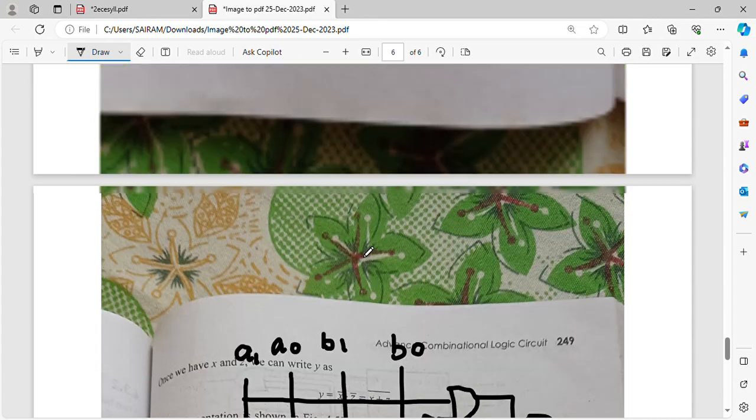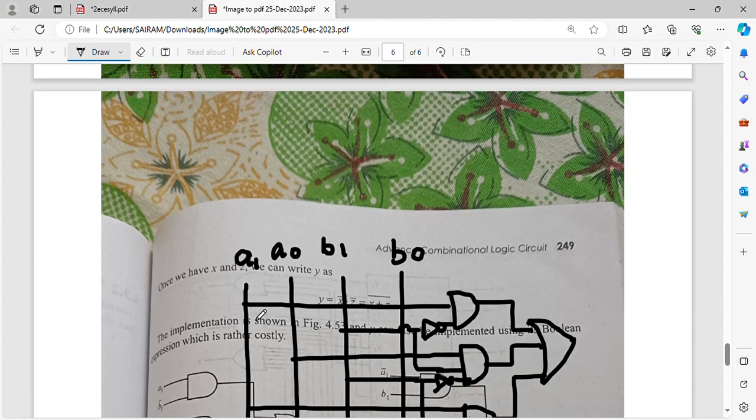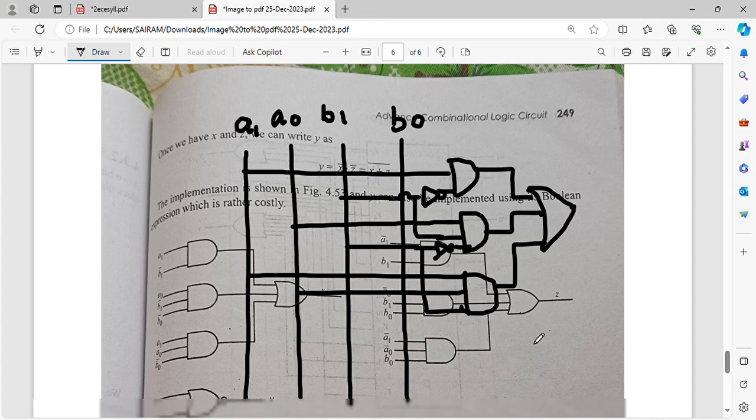Look at what is written for the A is greater than B equations: A1 B1 bar, A0 B1 bar B0 bar, and A1 A0 B0. See, this is A1, the B1 bar, right? This is A0 B1 bar B0 bar, A1 A0 B0 bar. Okay, yeah.